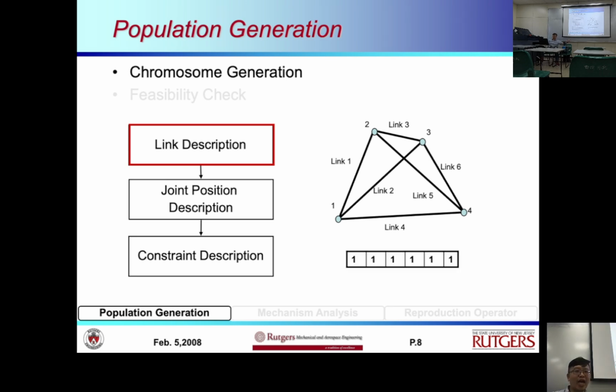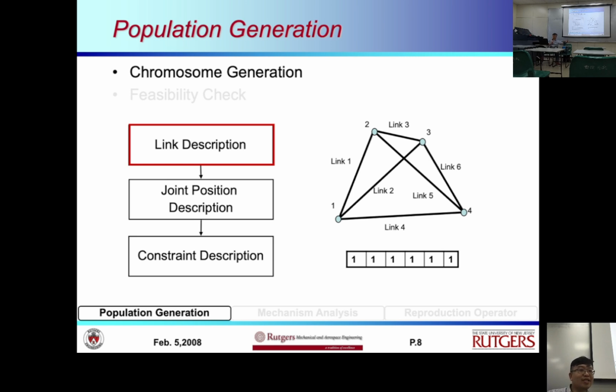In this particular case, if the program decides to have 4 joints, the total is combination 2 out of 4, so there are 6 different links, and she decided to define 6 numbers.